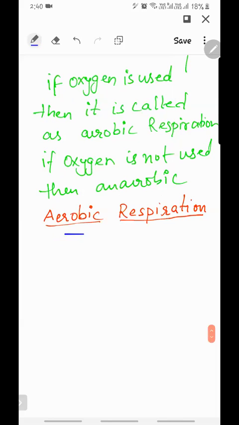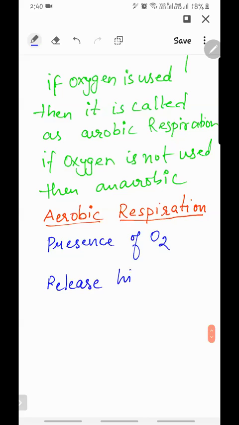This kind of respiration takes place in the presence of oxygen. It will release a high amount of energy.